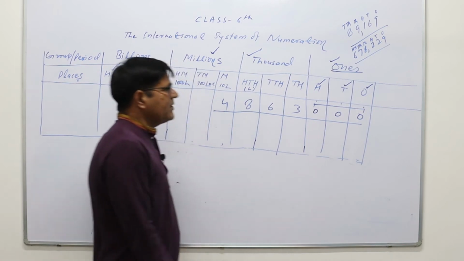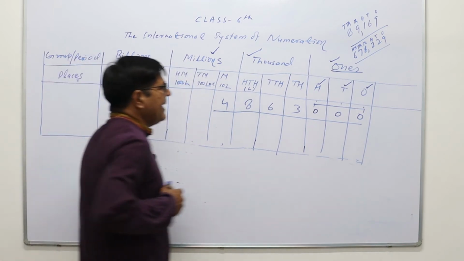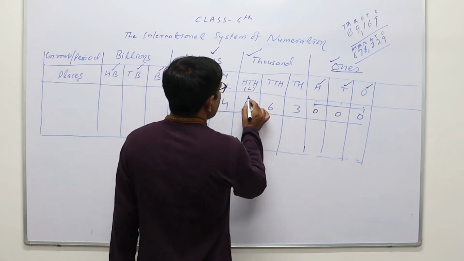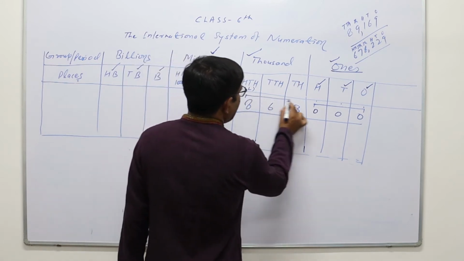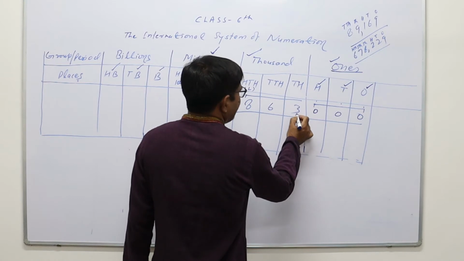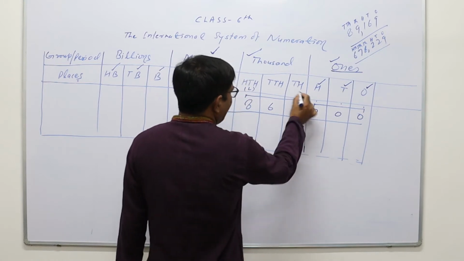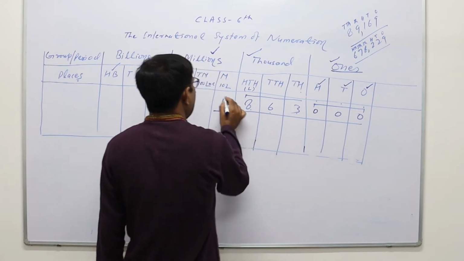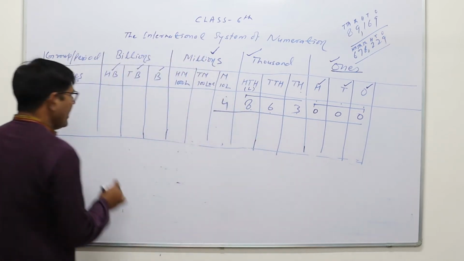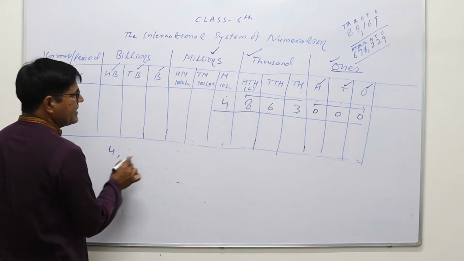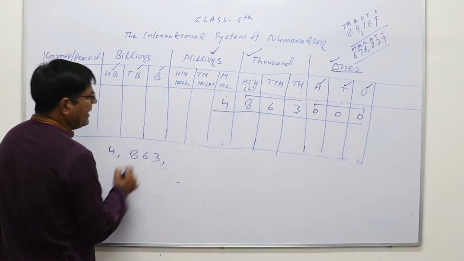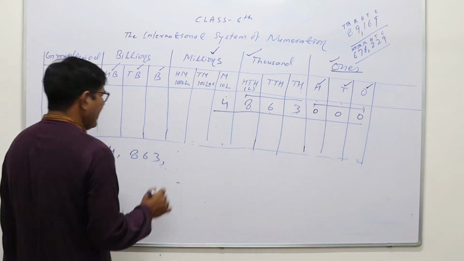All 3 digits are 0, so it will be read out as 0. Now the next 3 digits belong to the thousand group, so the next digit is 1000, then 10,000, then 100,000 and then millions. So it is 4,863,000.